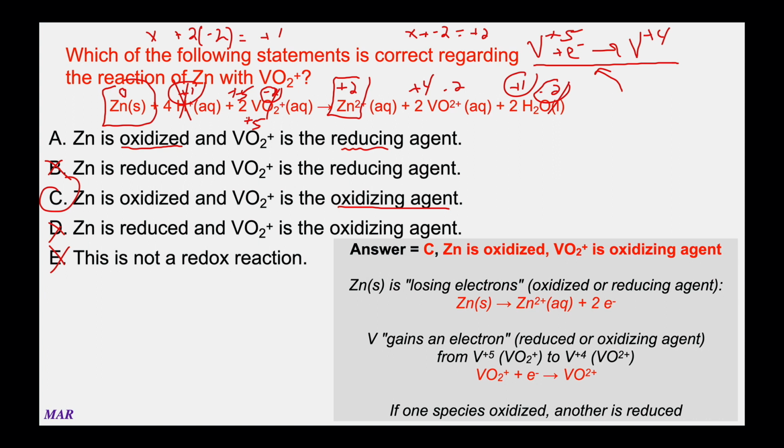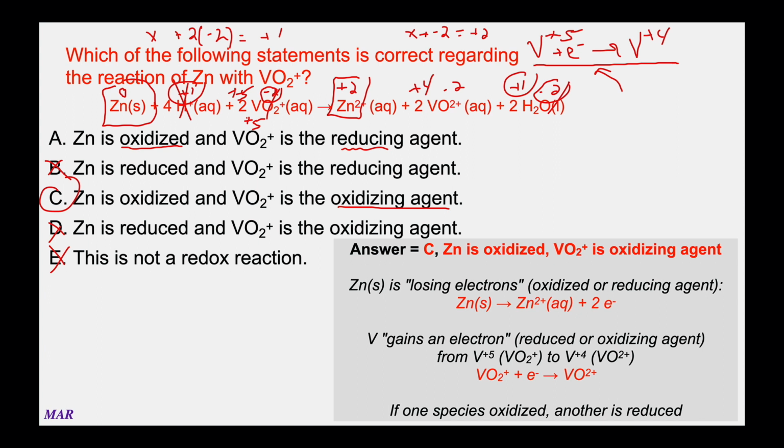So using oxidation numbers, we saw that zinc went to zinc 2 plus, that's been oxidized, or zinc is the reducing agent, that's okay too. We also saw that vanadium in VO2 plus gained an electron to make VO2+ on the product side. That shows that the vanadium is being reduced.